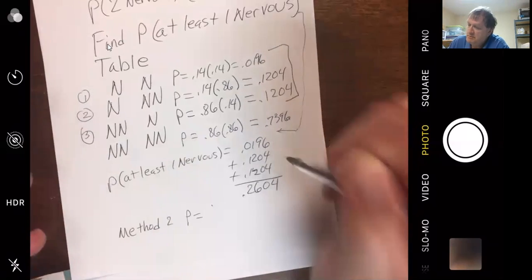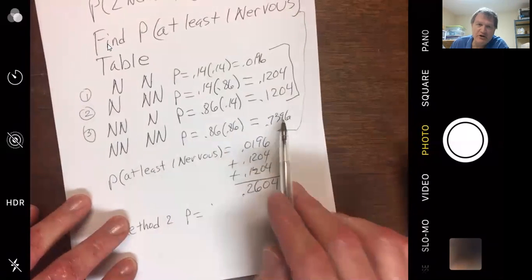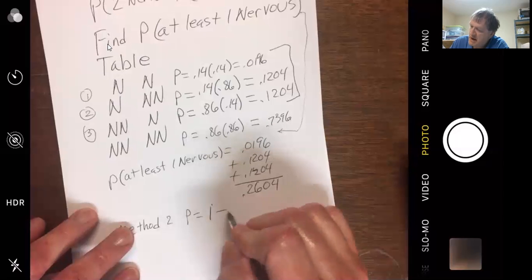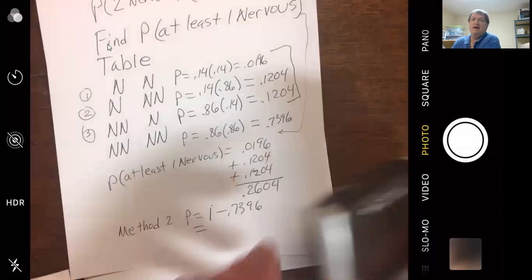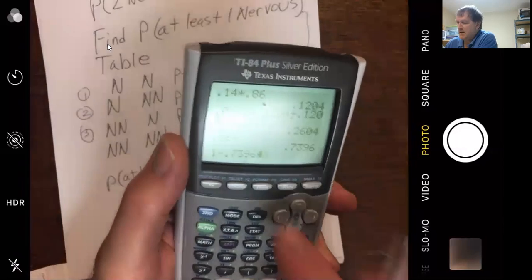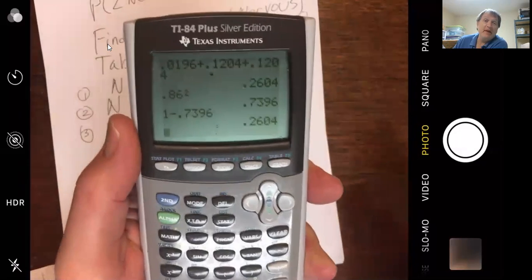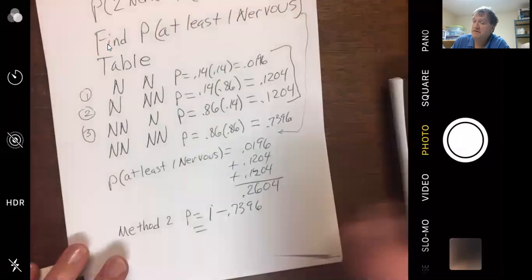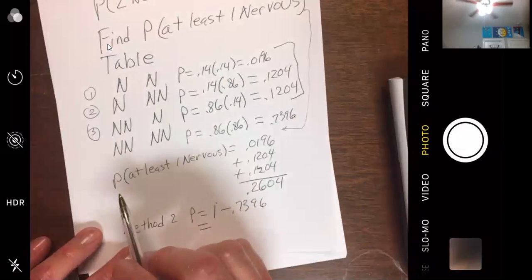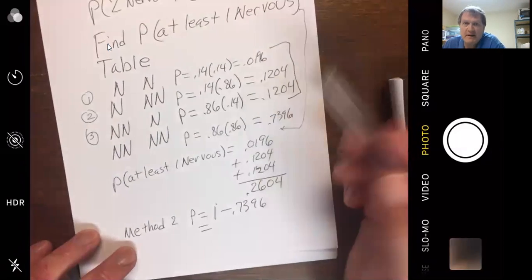But method two, in fact, in the book, he would have told you to do row four, and then you could have done the second one as a complement. It would go 1 minus 0.7396, and there is your 0.2604. But you would have had to know to figure row four here, and he didn't tell you to do it. So it's probably just as easy to just do all three rows directly.